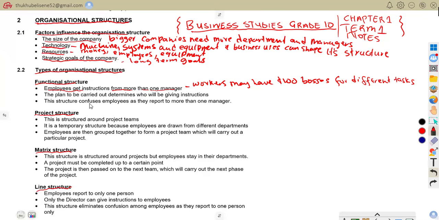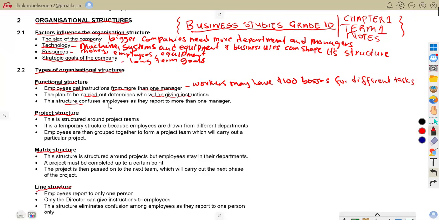The plan to be carried out determines who will be giving instructions, meaning whichever task is most important decides who leads at that time. For example, if doing a marketing task, the marketing manager directs the employee.